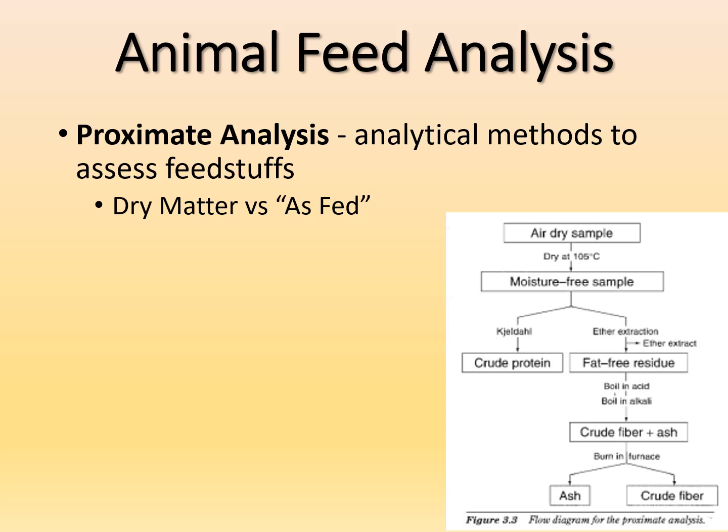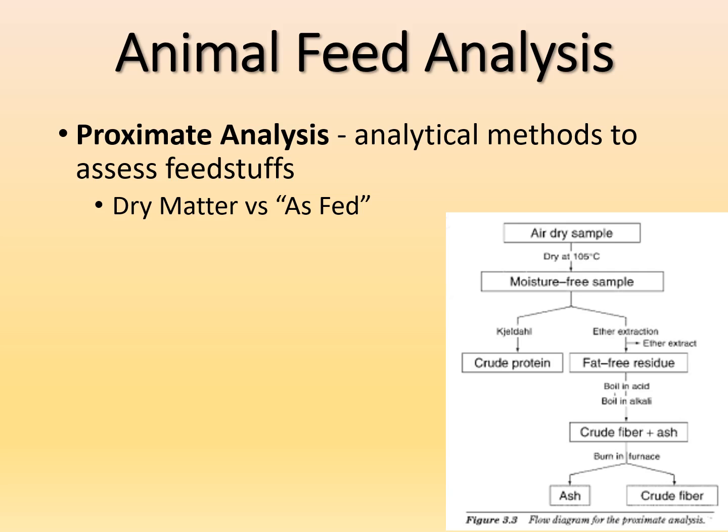A couple of terms that we need to get into our head when we're talking about nutrition and diets and proximate analysis is dry matter versus as fed. With dry matter, you're only talking about the dry matter, that's the organic and inorganic material. You remove the moisture from the diet, and that's a really good way to be able to compare diets. So we'll talk about comparing diets on a dry matter basis, it's called.